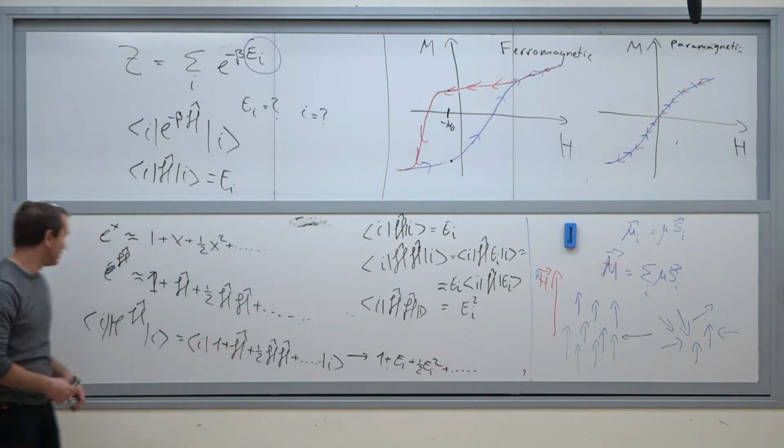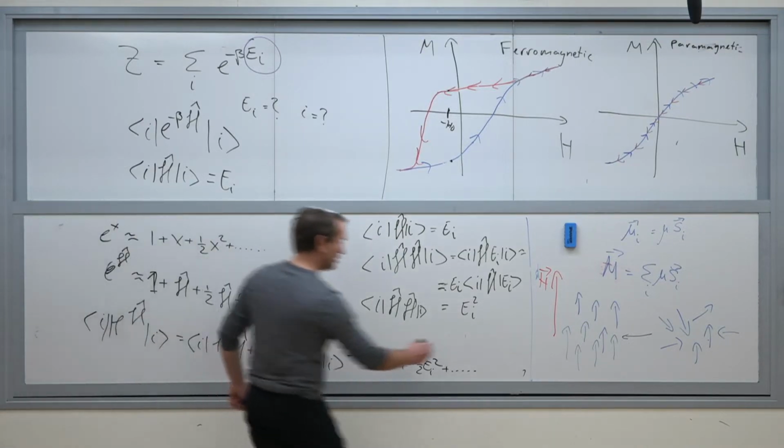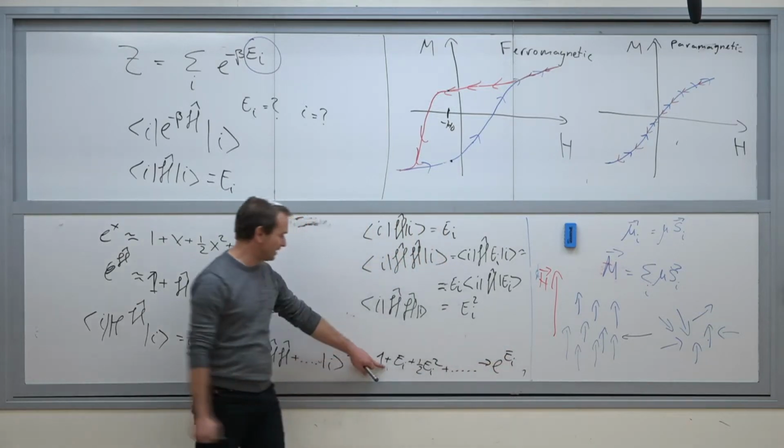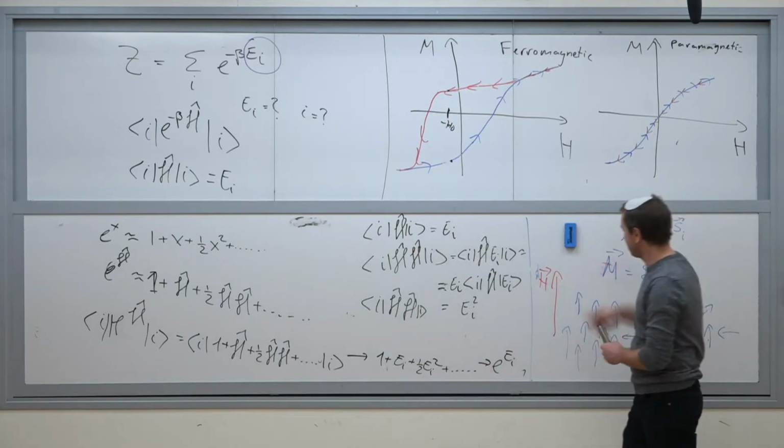So the eigenvalue of e to the Hamiltonian basically goes to e to the power of E_i, because this is the Taylor expansion of e to the power of E_i.